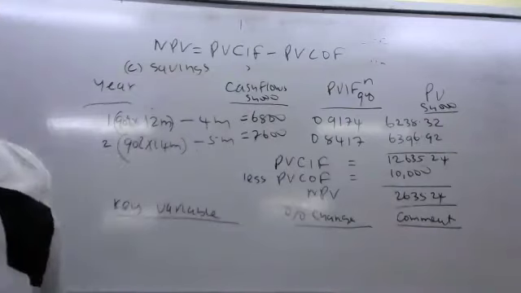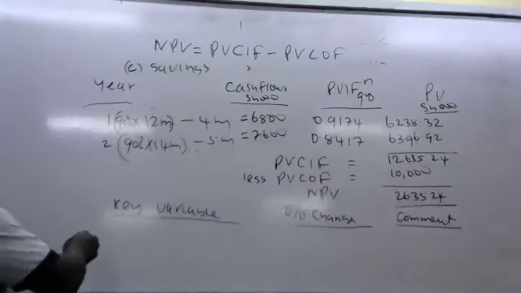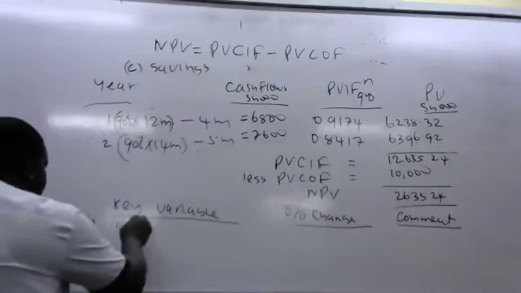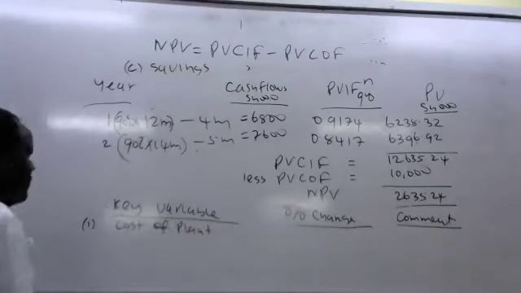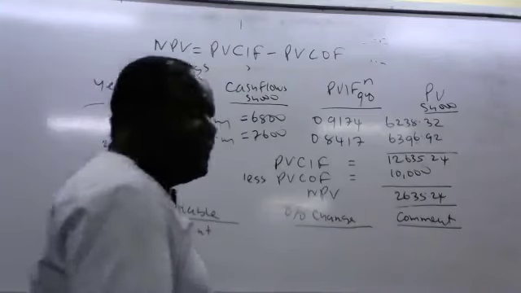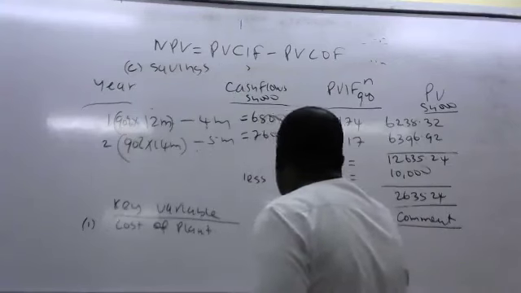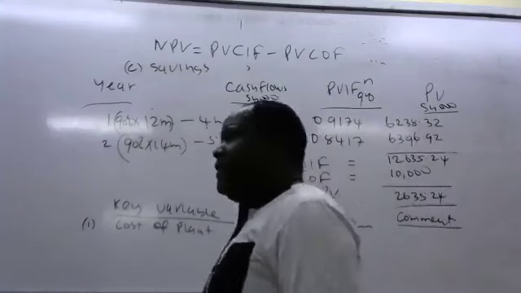So we start off with the first one. The first one will be which item? Cost of the plant. So cost of the plant multiplied which percent? Negative 20.35%.